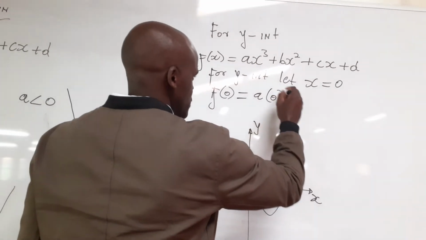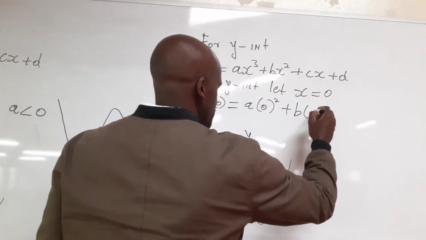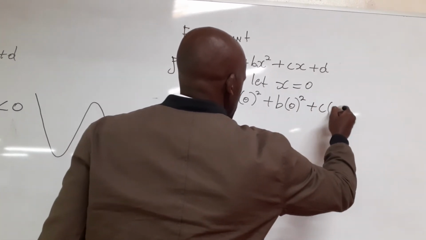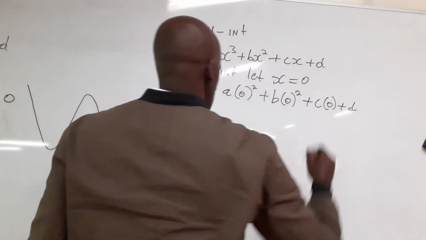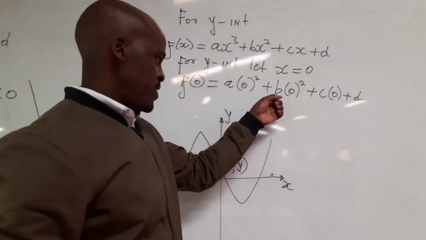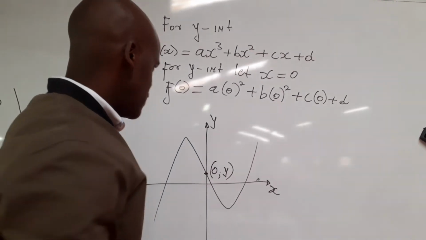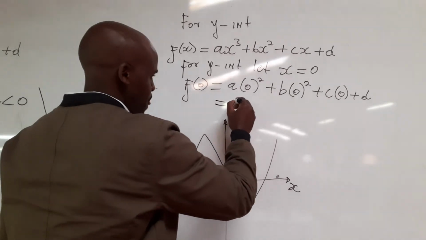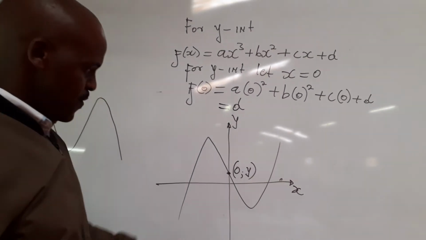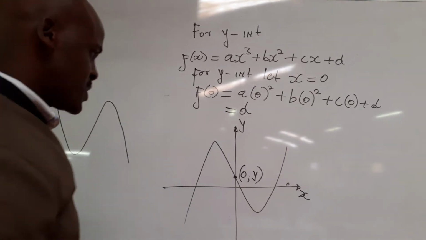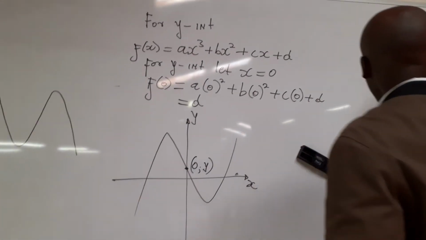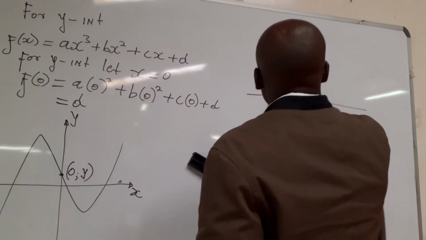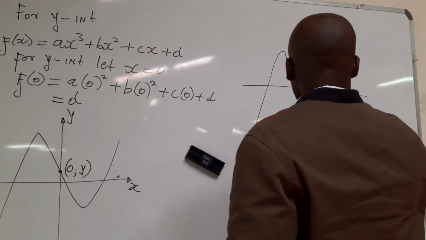So it's a into 0 plus b into 0 plus c into 0 plus d. That's a times 0, b times 0, c times 0, which is 0. Therefore, our answer, or our remainder, if x is equal to 0 will be equal to d. That's our y-intercept.